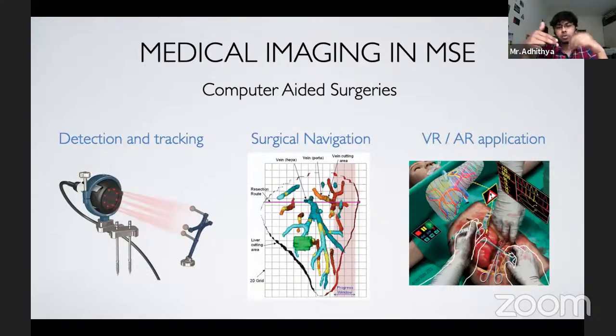We need to track the instrument because once we have this 3D model, we can use computer software to integrate the tracking measurements and the 3D object in order to visualize how the instrument is going through the organ. In the middle image, you can see a liver resection plan, and the pink line going through the liver is the resection plane.